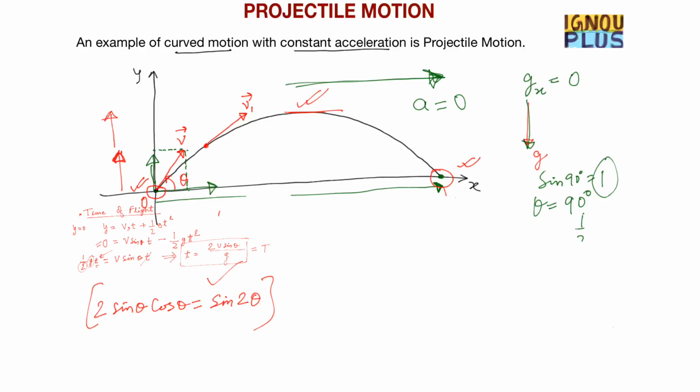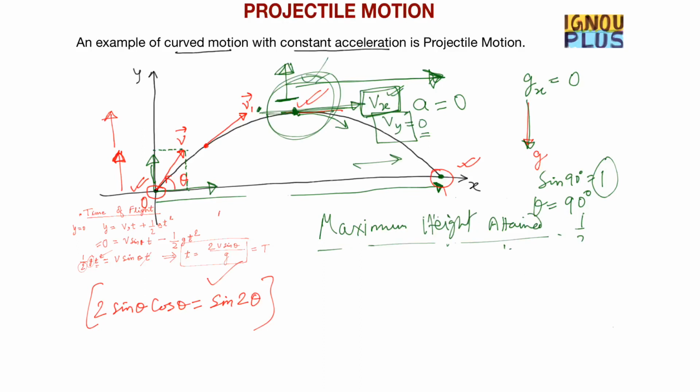Then at last we will know what is the maximum height attained. Now let us find the maximum height attained. For that we need to understand that at the highest point, this point, the x component of V has some value because it is going forward.